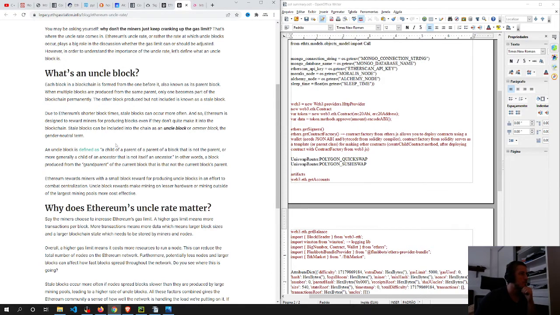Stale blocks can be included into the chain as an uncle block or Omer block, the gender neutral term. An uncle block is defined as a child of a parent of a block that is not the parent. Child of a parent of a block that is not the parent.